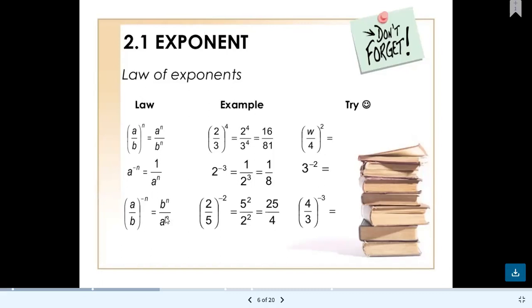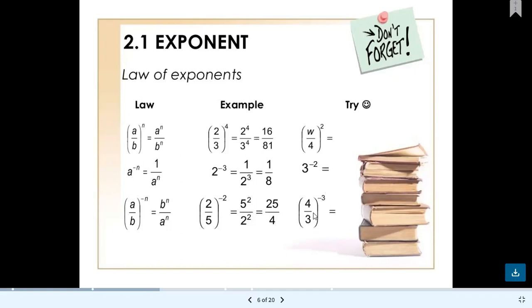And then we are going to convert the negative n to positive n. So b^n over a^n. For example, (2/5)^-2. So that will be 5 squared over 2 squared, equal to 25/4.